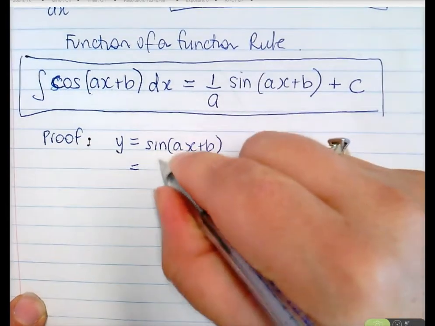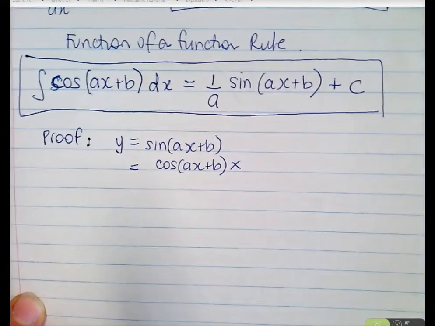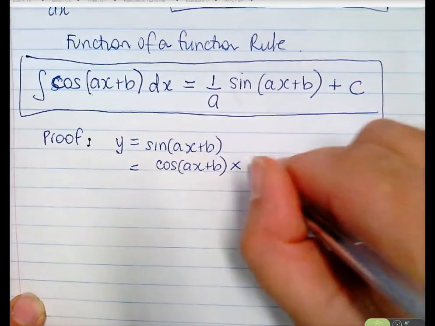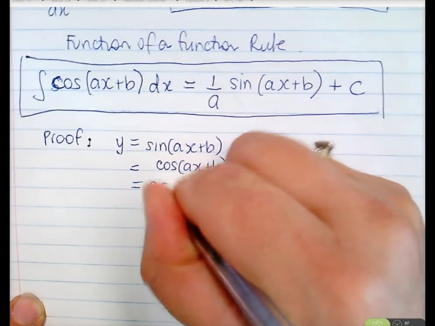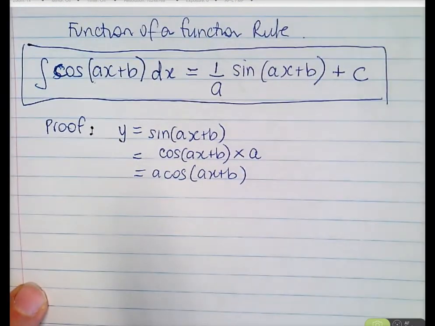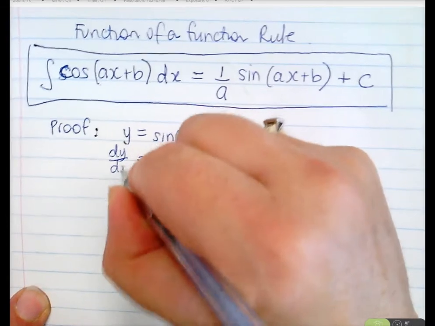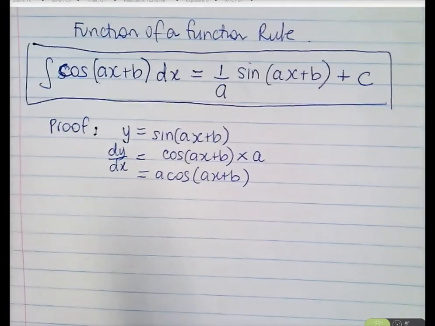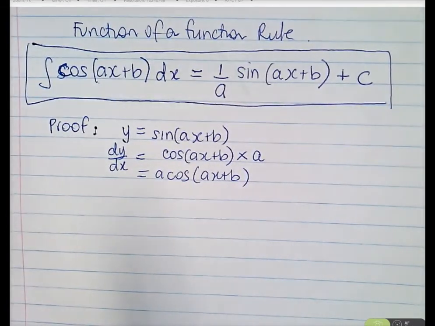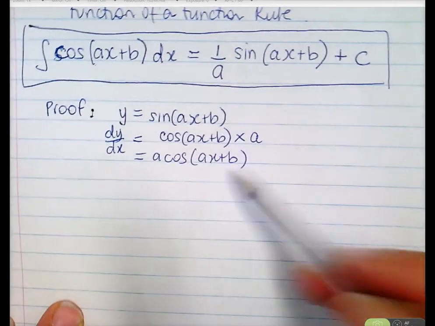Don't we get cos ax plus b, then times the derivative of that, which will be a. So we get a cos ax plus b. Yes, that's right, dy dx. So if y equals sine ax plus b, then dy dx is cos ax plus b times a, which is a cos ax plus b.